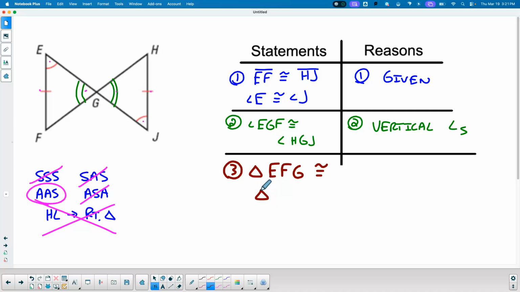So my red 1 arc angle on the other side is J. Then I went to F. F doesn't have a mark. The angle without a mark on the right side is H. And then I went to G because that's my only other one. And my reasoning is going to be angle, angle, side.